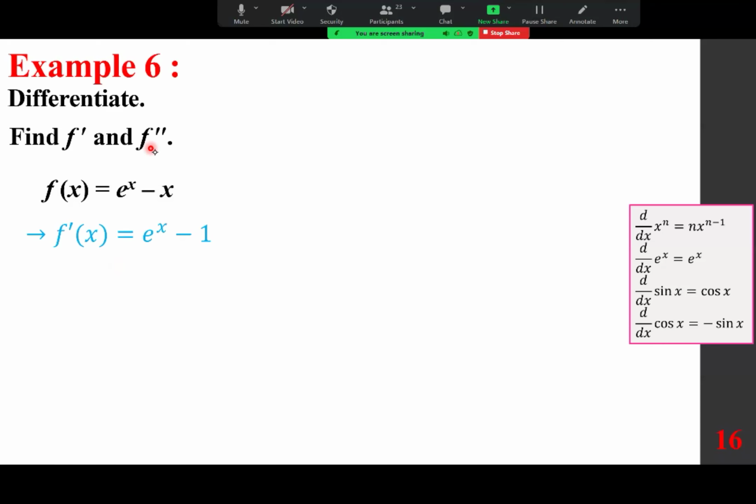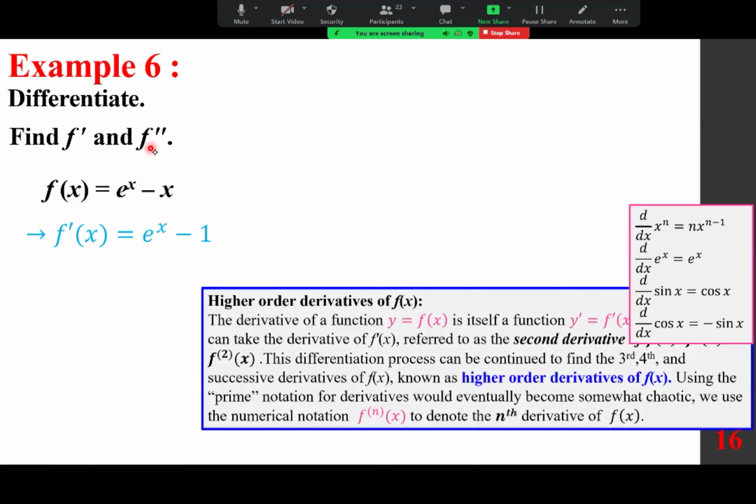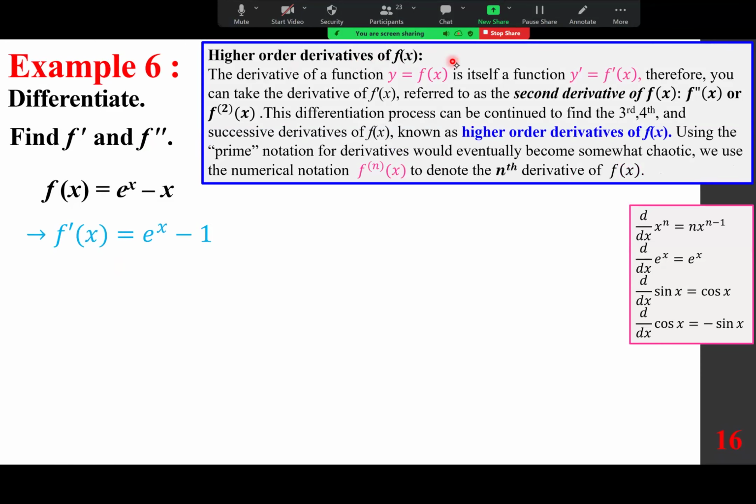What about f double prime? Let's discuss higher order derivatives of f of x. The derivative of a function y equals f of x is itself a function y prime equals f prime of x. Therefore, you can take a derivative of f prime of x, referred to as the second derivative of f of x, f double prime of x, or f with a 2 in parentheses of x.